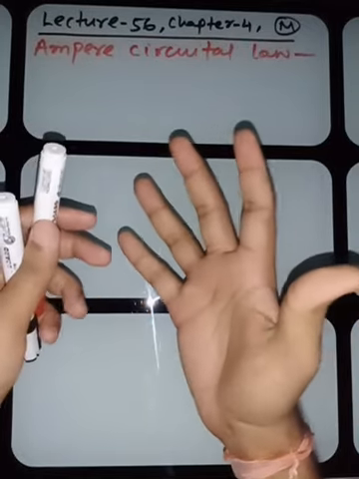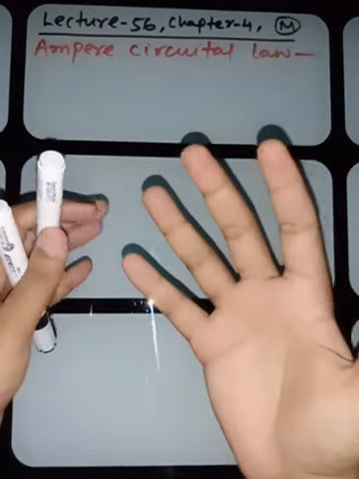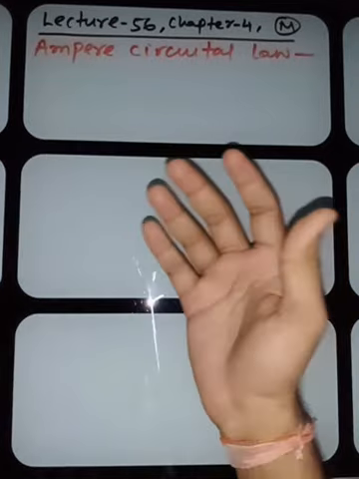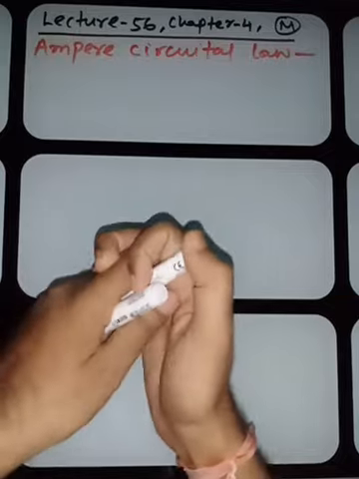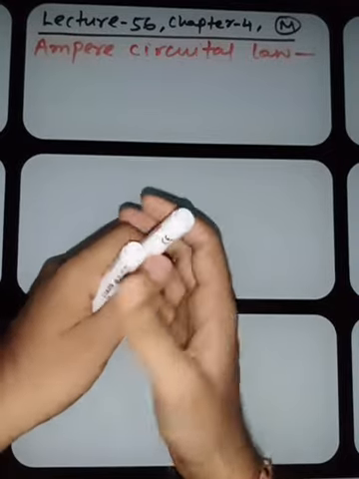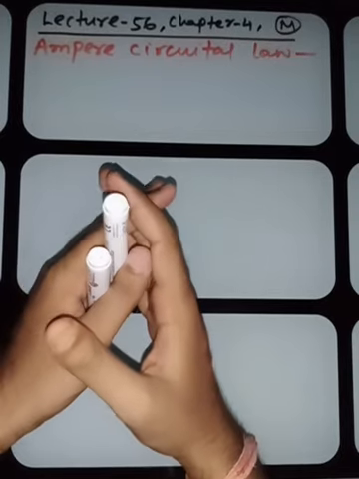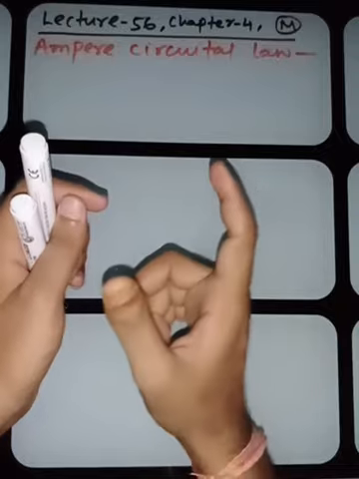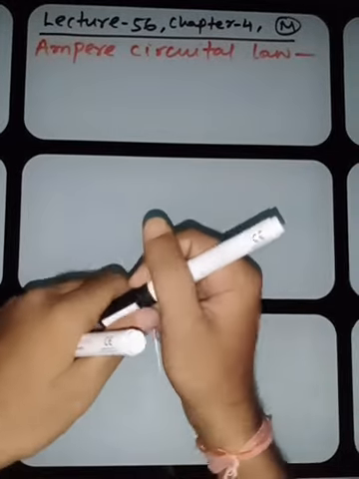I hope you remember that Gauss law simplifies finding the electric field. In the same way, Ampere Circuital Law will simplify finding the magnetic field. Actually, we use this law to find the magnetic field due to a current loop, everywhere.